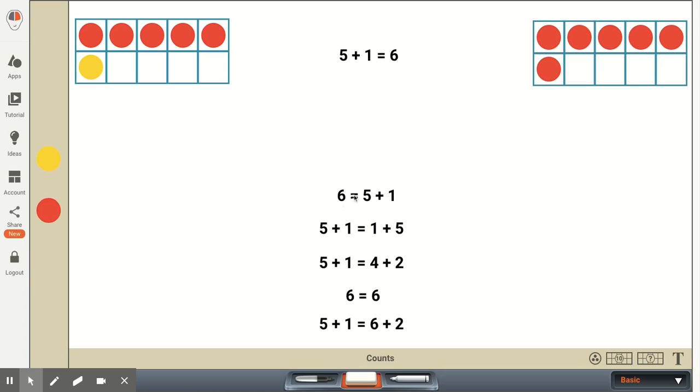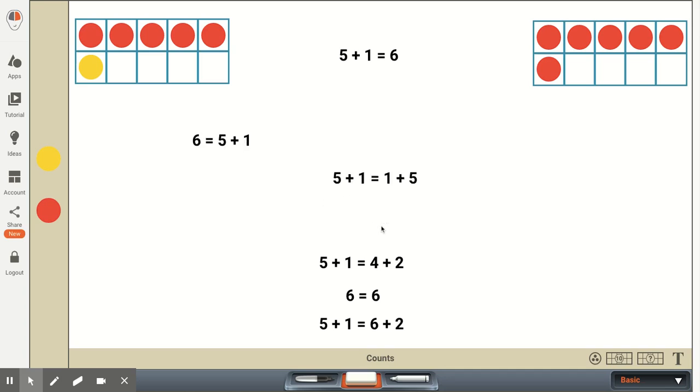This next equation here, 6 is equal to 5 plus 1, this is also a true equation. The value on the left side is 6. The value on the right side, 5 plus 1, is also equal to 6. This is also a true equation. In this case here, we're showing the operation on the right side of the equation.